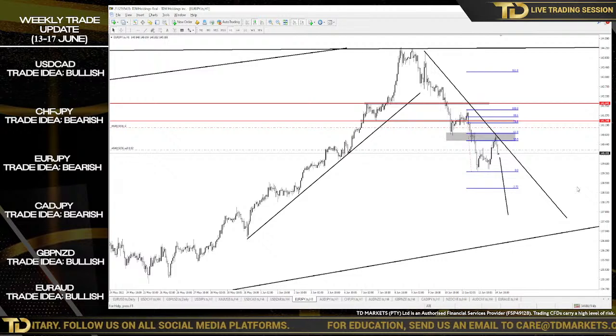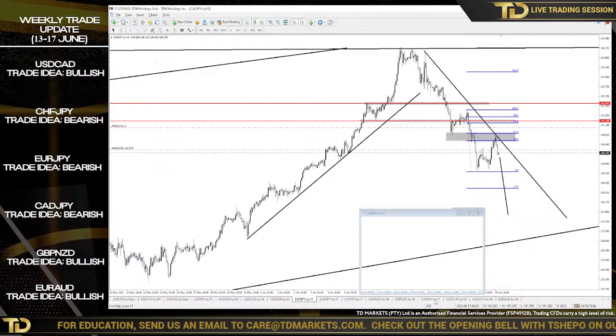Keep an eye on your selling opportunities there, looking for a trade to the downside. The trade is already in, and stop losses are above, just around 70.6 as well. Euro yen, keeping a close eye on it.